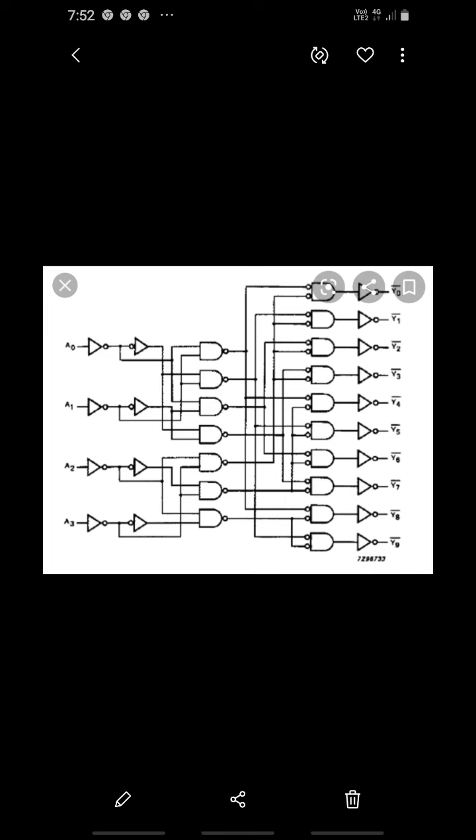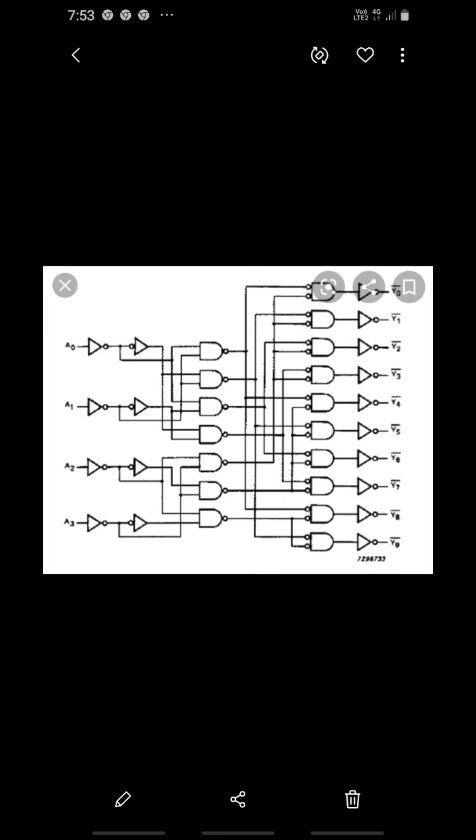And next take Y4. So Y4 is equal to A0 bar, A1, A2 bar and A3 bar. And next take Y5. Y5 is equal to A0 bar, A1, A2 bar, A3. And next take Y6. So here Y6 is A0 bar, A1, A2 and A3 bar.